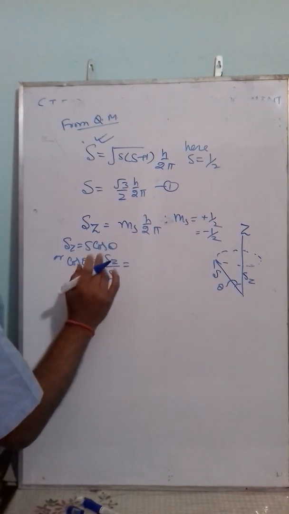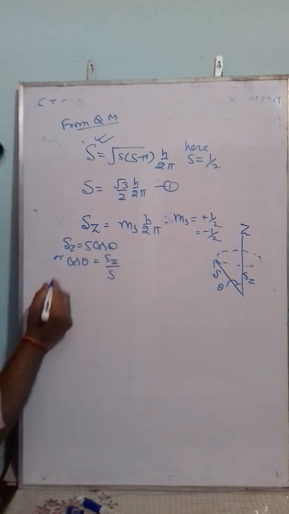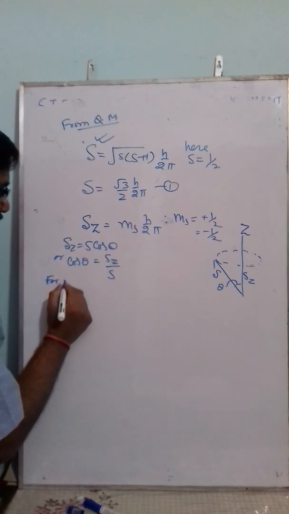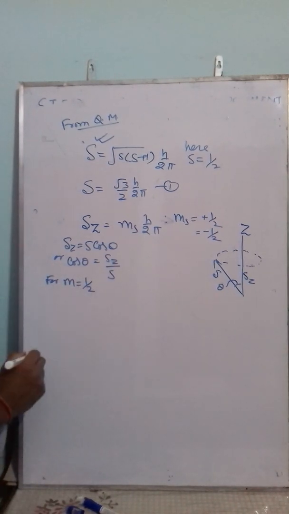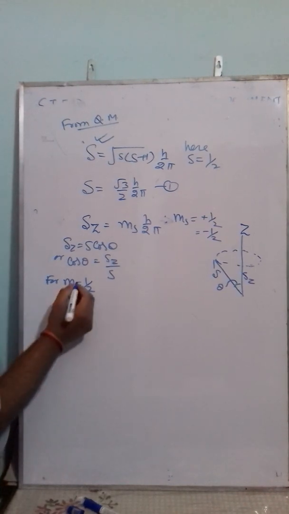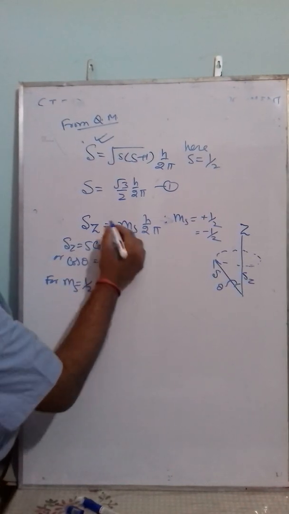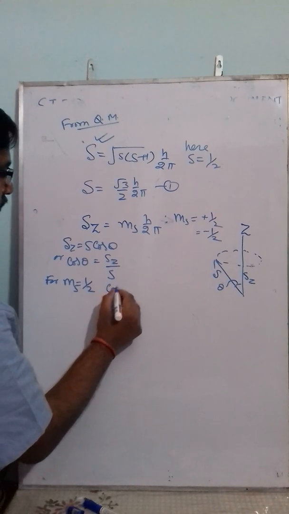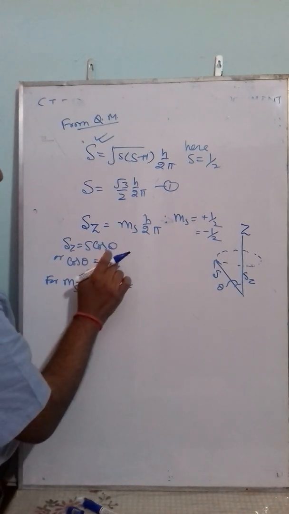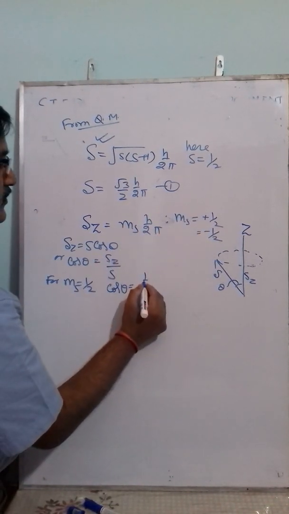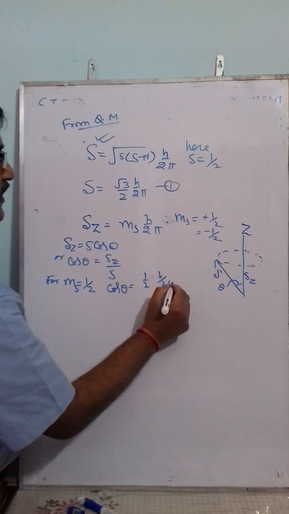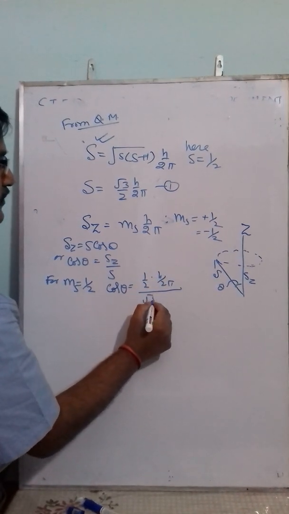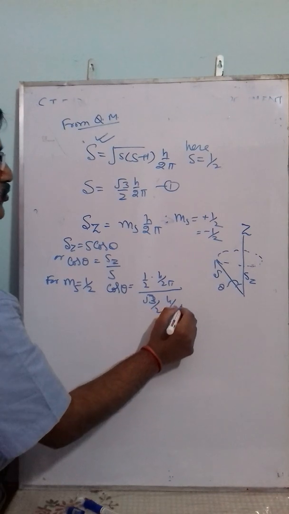Now it can have two values. One value is for ms equal to plus 1 upon 2, the positive value. Then cos theta is equal to half into h upon 2 pi divided by root 3 by 2 into h upon 2 pi.